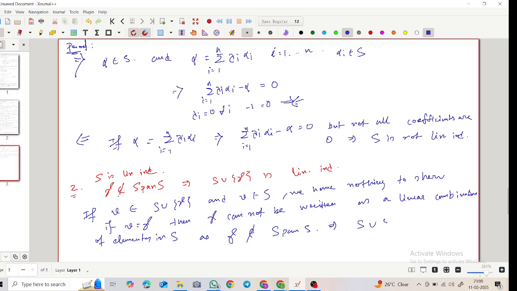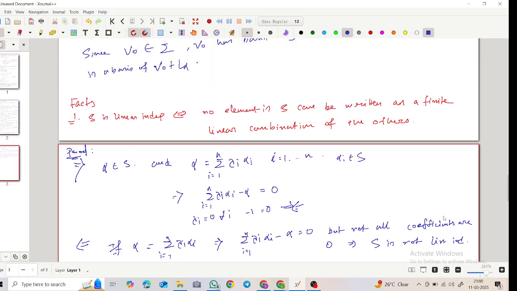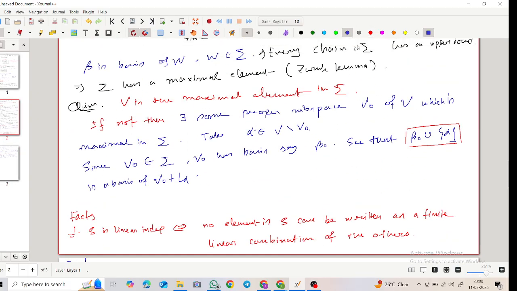Thus S union gamma is linearly independent, from fact 1, right? Now these two he is using to claim that this is linearly independent, okay?